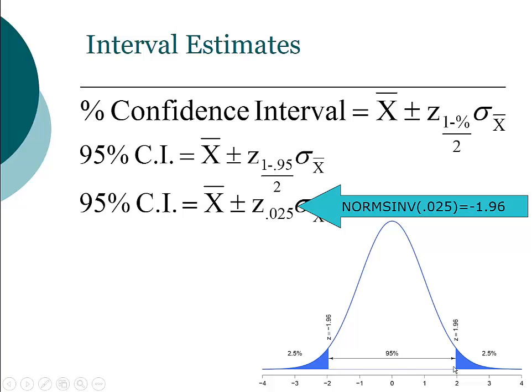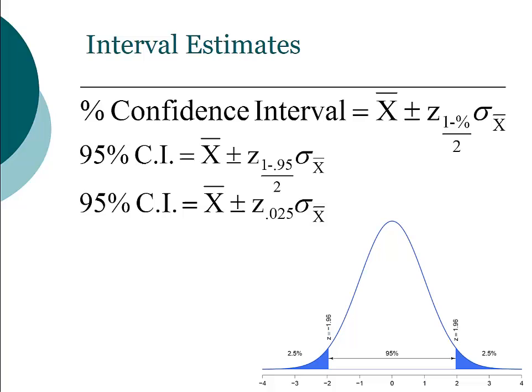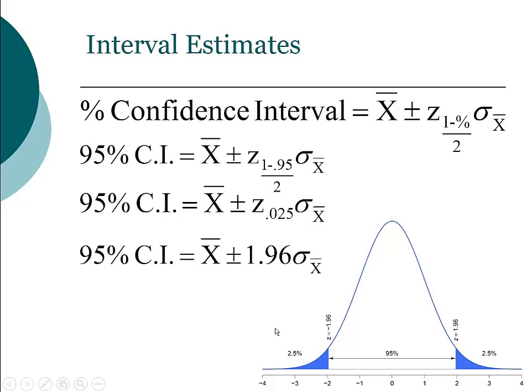So if we plug 1.96 into this equation, we've got our formula for the 95% confidence interval. So we take our sample mean, we take 1.96, the z-score, and we multiply by the standard error. And we either subtract this off or we add it to the sample mean.